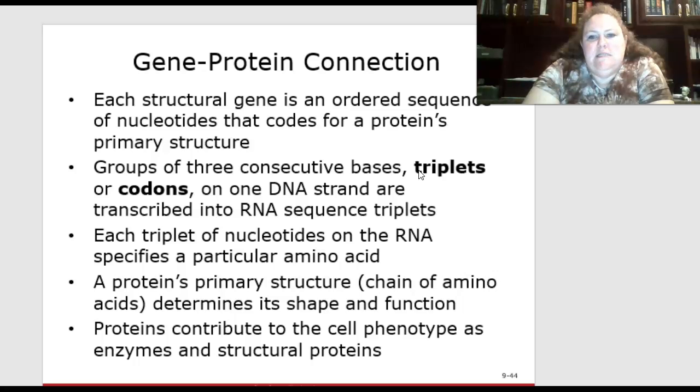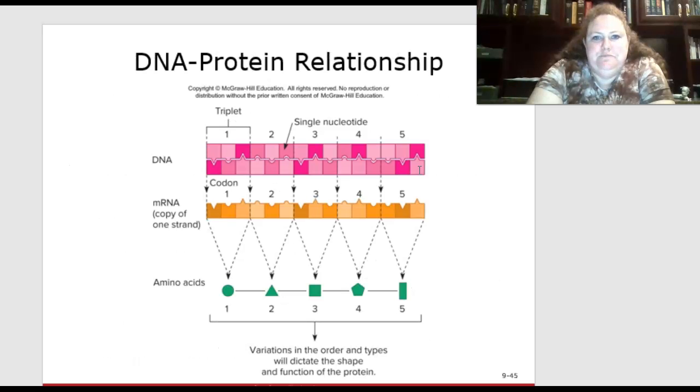Each triplet of nucleotides on the RNA specifies a particular amino acid. And a protein's primary structure, which would be the chain of amino acids, is going to determine the shape and the function of that protein. Okay? And proteins contribute to the cell phenotype, or the way that it looks, as enzymes and structural proteins.